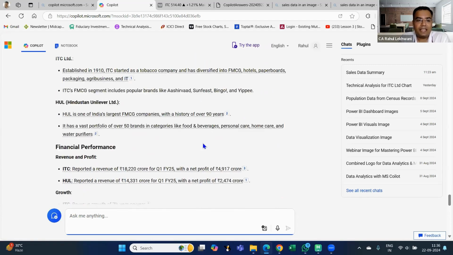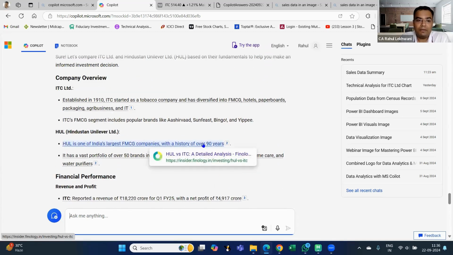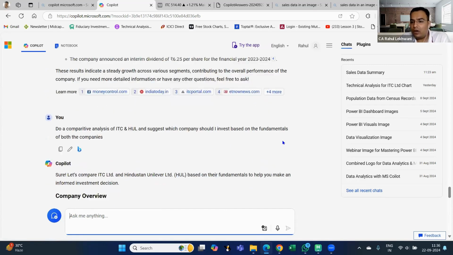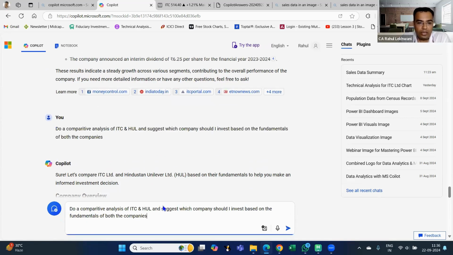For example, let us take a scenario where we usually go to investment advisors with the request that I have 1 lakh rupees. I have seen a lot of chat also. What they say is that I have 1 lakh rupees and I want to invest in either of the companies. So I'll also start. I have rupees 1 lakh to invest in either of the companies.